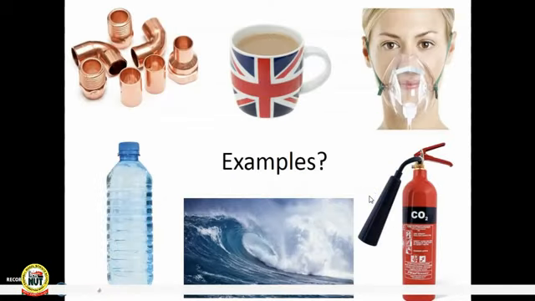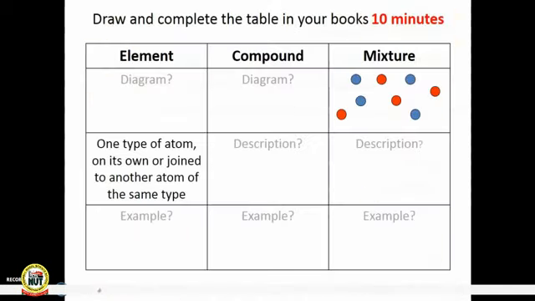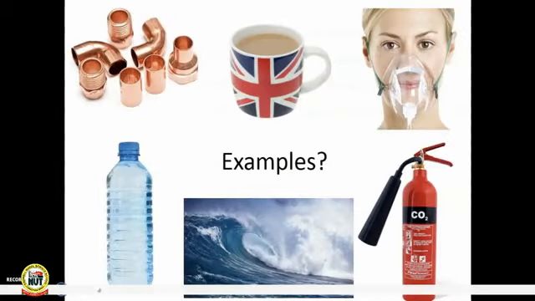Okay? Now, you have to identify, based on the knowledge of what you have been taught, these items, what are they? Are they mixture? Are they compound? Or are they element? You have a cup of tea. Okay? You have a ventilator. You have a bottle of water. You have the ocean.